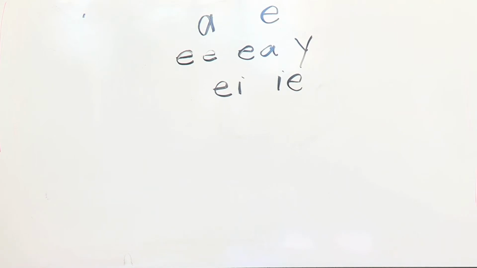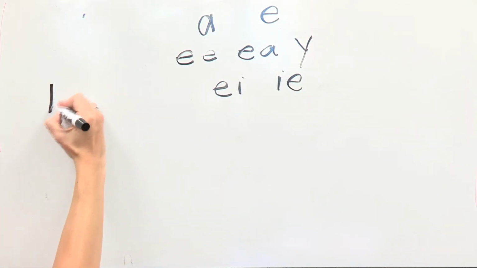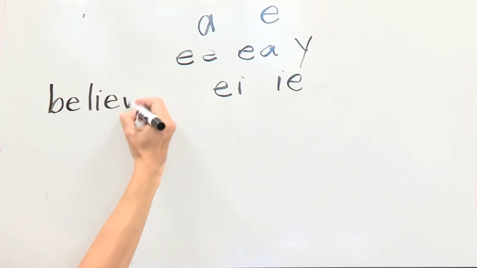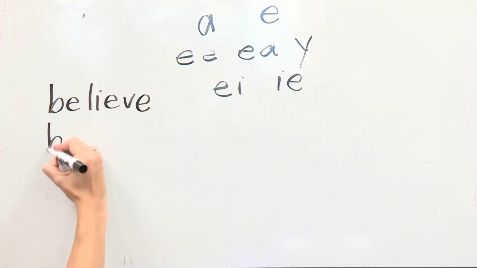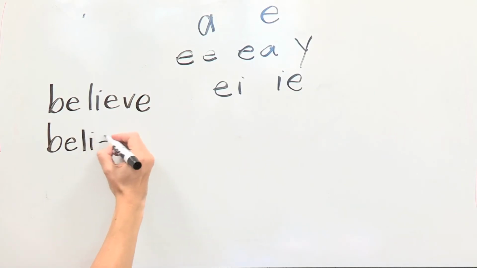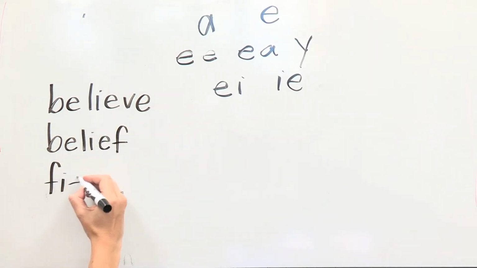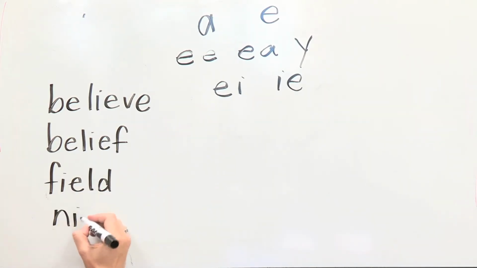And IE is another one that you just have to do sight word practice with. Example: believe, belief, field, and niece.